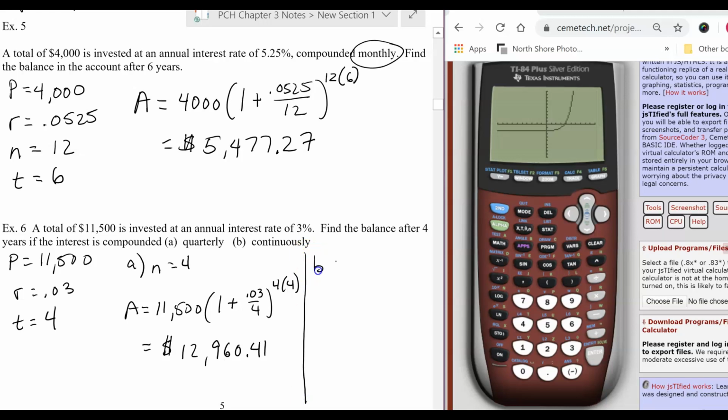So let's do the same calculation now. For part B, we know that A is equal to P times e to the RT. So that's the same 11,500 times e raised to the 0.03 times 4. And if we substitute this in, let's just go ahead and do that calculation here.